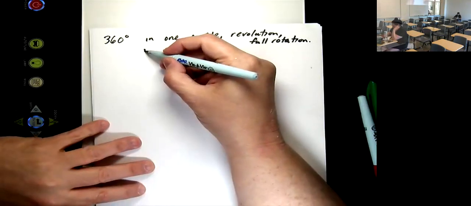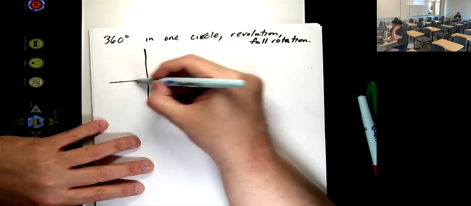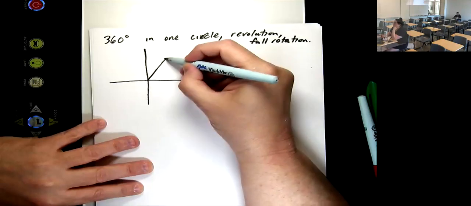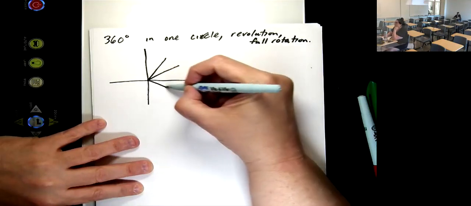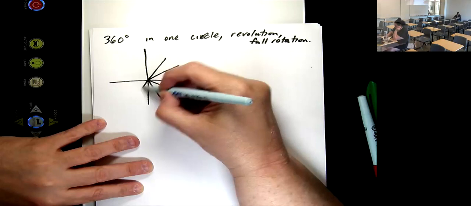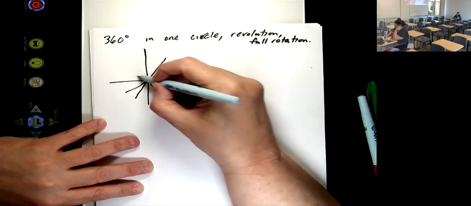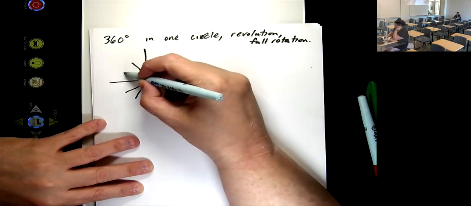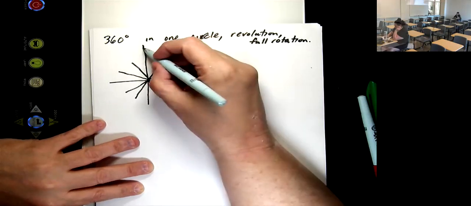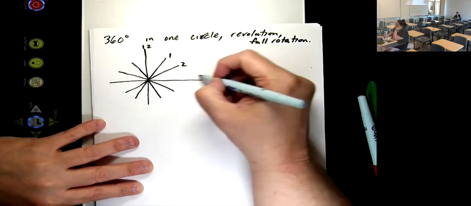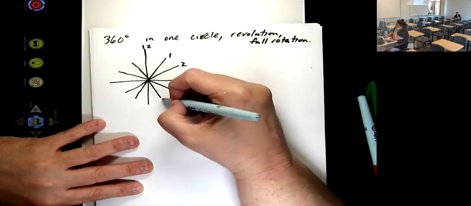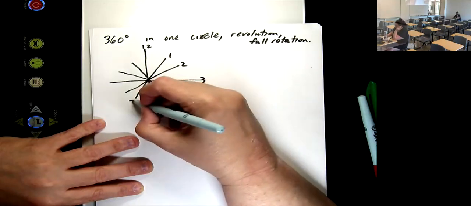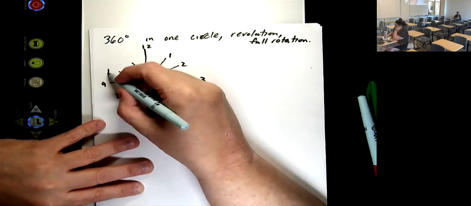And draw the clock real quick. But I'm going to have lines connected to the numbers. I don't know that this is in this section, but it's got to be in the section coming up. So this is 12, 1, 2, 3, 4, 5, 6, 7, 9, 10, 11, 12.